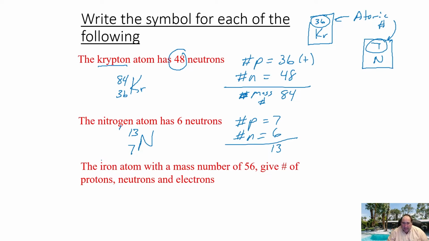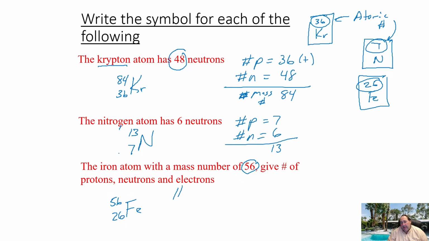So in this case, we're looking for iron. And if you go to the periodic table, you will find iron at number 26. Once again, that's going to be our atomic number. So iron here would be 26 on the bottom. In this particular case, they gave us the mass number, which is 56.